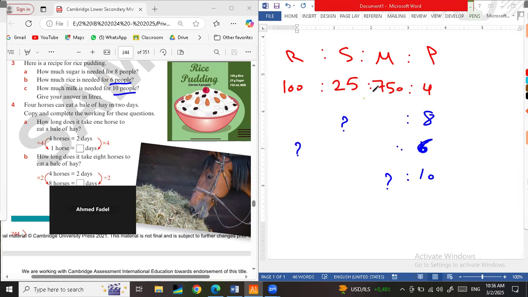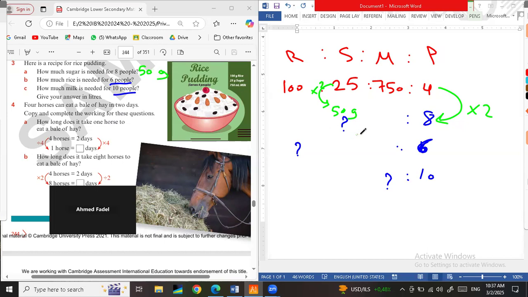Because we're talking about a meal, about ingredients. If the number of people increases, I need to increase the ingredients. So the number of people got multiplied by 2, then the amount of sugar will also get multiplied by 2. So we're going to need 50 grams of sugar, and this is the answer to the first question.